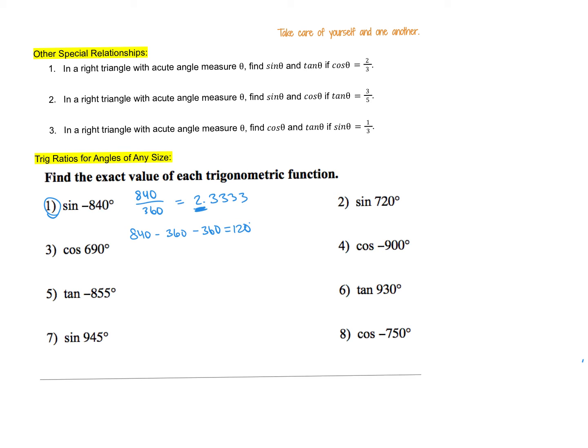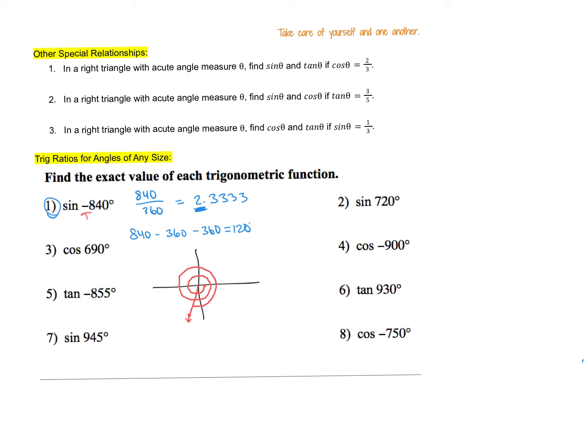So what that means is I'm going to go around the unit circle twice in the negative direction. So I'm going to go negative once and then twice. And then I need to go 120 degrees. So to get to 120 degrees more, I'm going to do 90 more and then 30 more. So I'm going to have an angle down here.